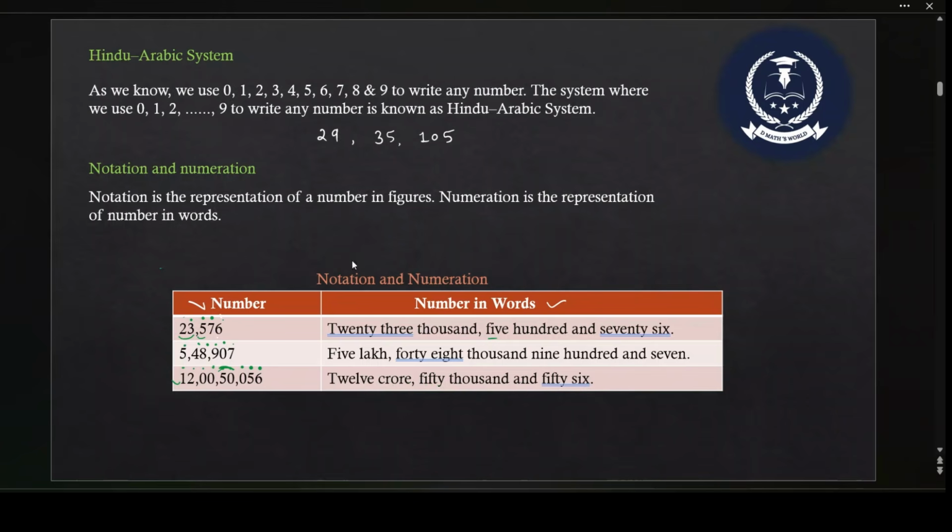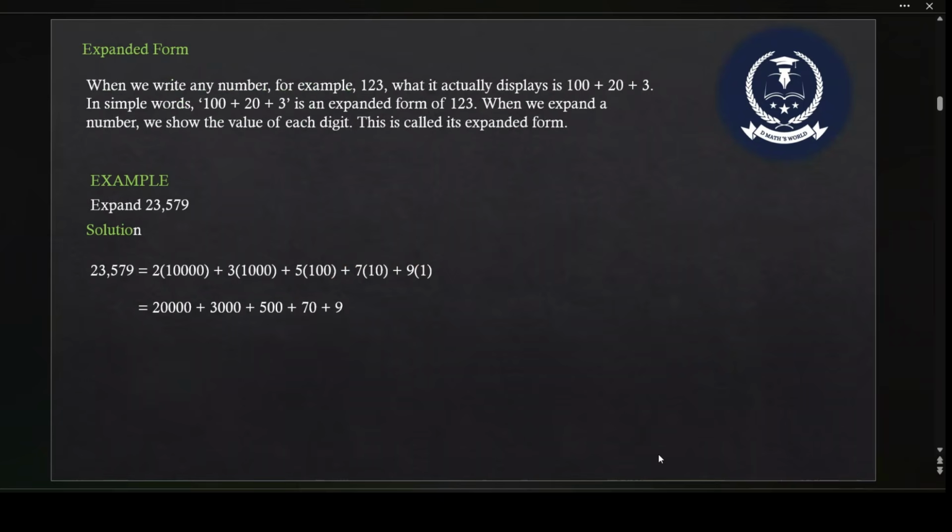Now we are going on to the next slide and we will learn about the expanded form. Look, when we write any number, for example 123, what it actually displays is 1, 10, 100. So we write 1 with two zeros. On the place of 23, we put 2 zeros.